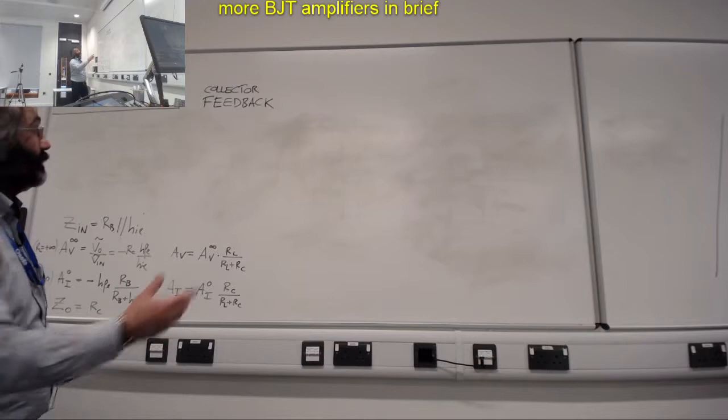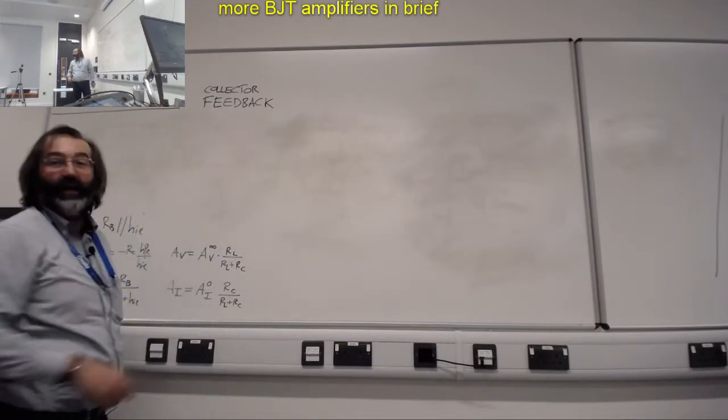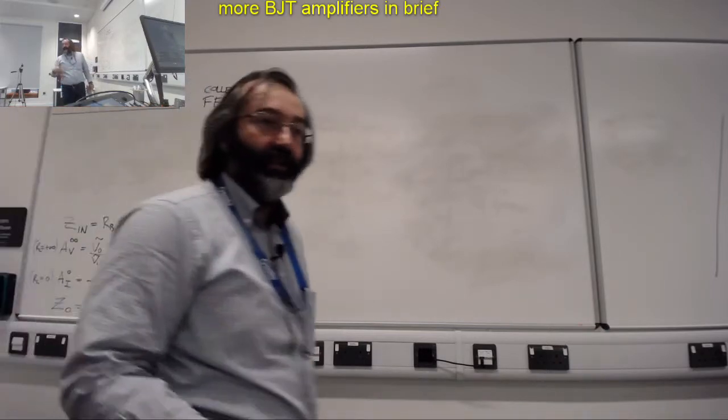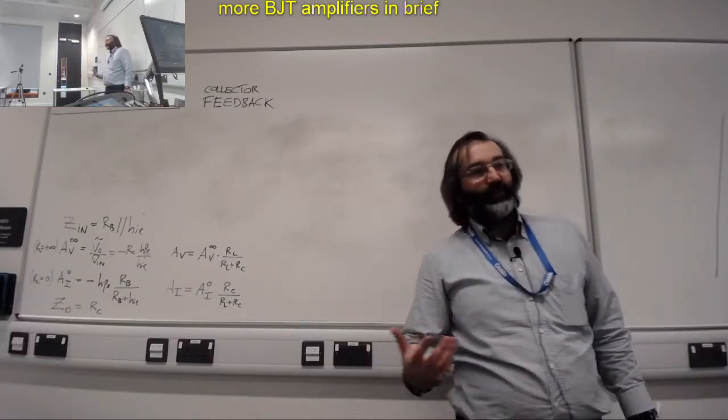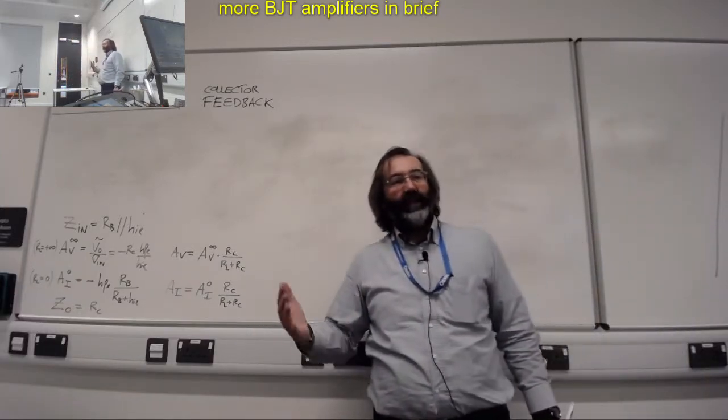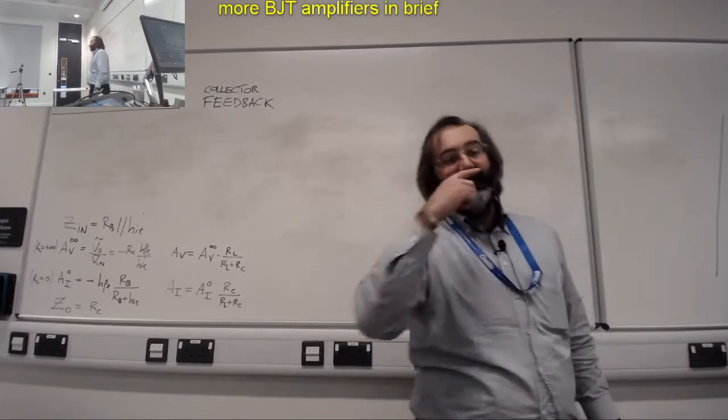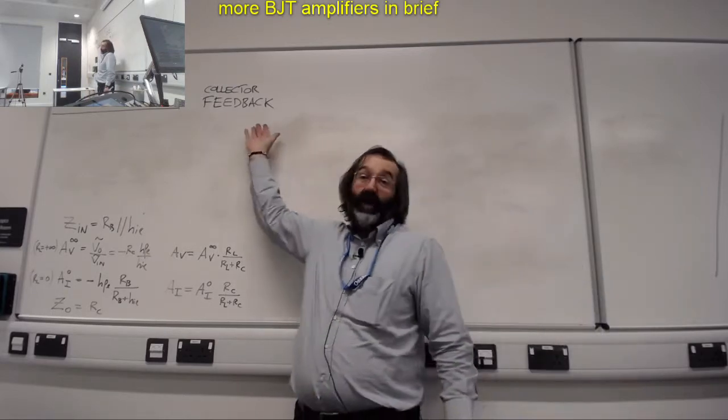But what I want to say is that the concept of feedback is very important. Feedback can be used to create stability, to make circuits more stable. And this is a technique that is widely used.